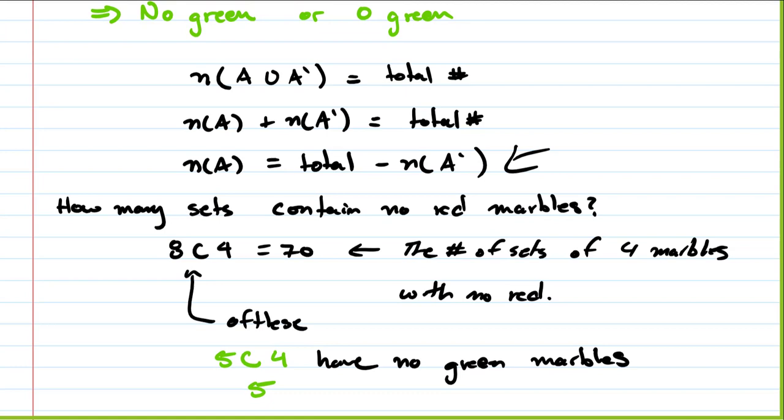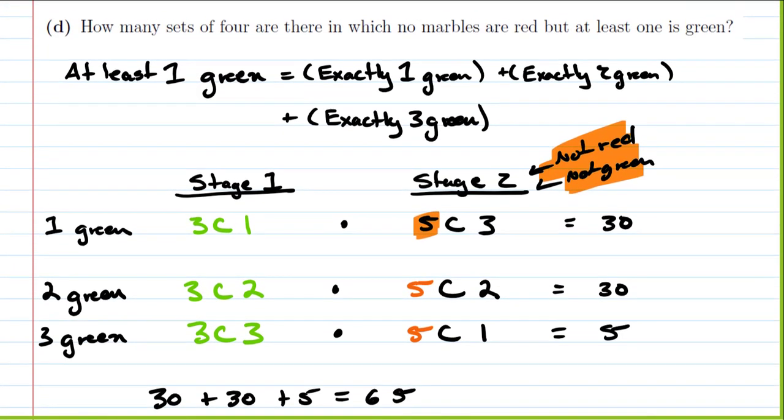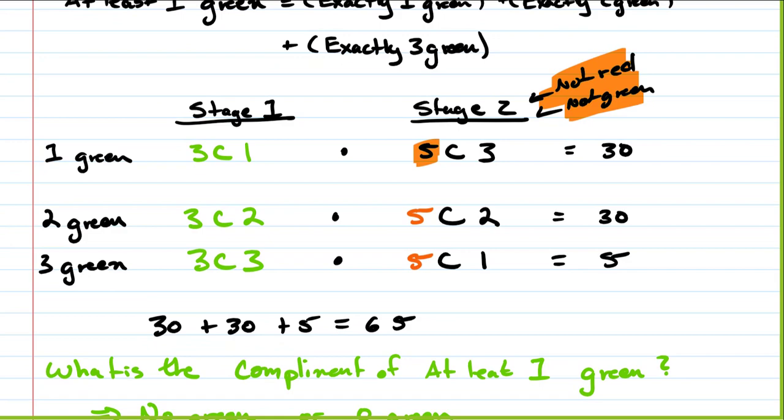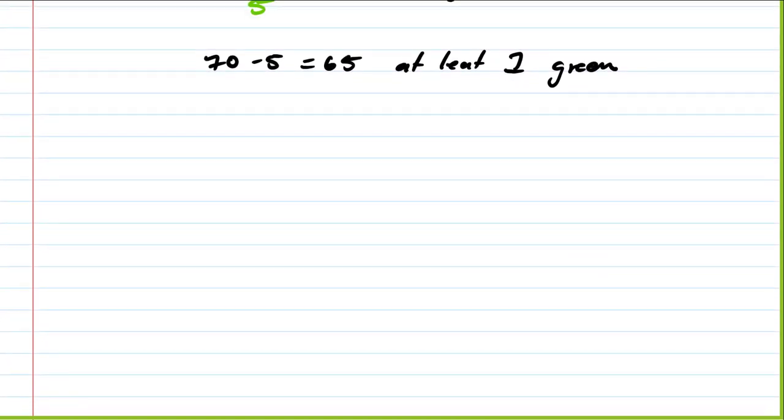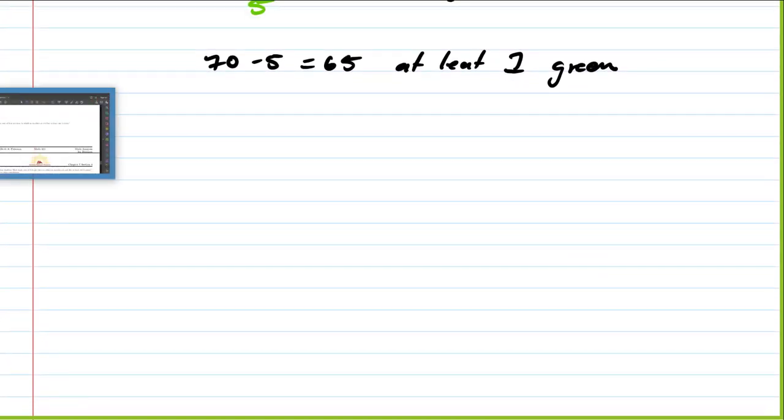We used the complement of that set, because it was easier to count how many had no greens than it was to count how many had 1 green, 2 green, or 3 greens. That's what we did here directly. We counted how many had 1, how many had 2, how many had 3, and then multiplied it by the ways we could pick the other marbles. 2 ways to get the same answer.